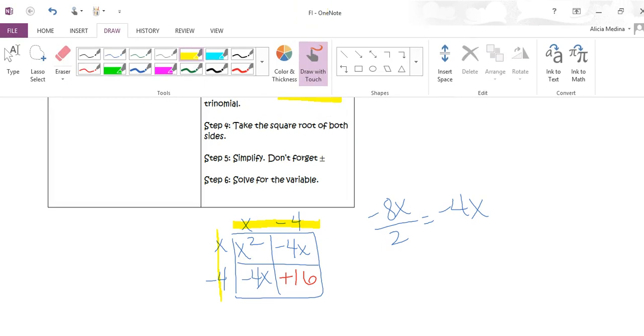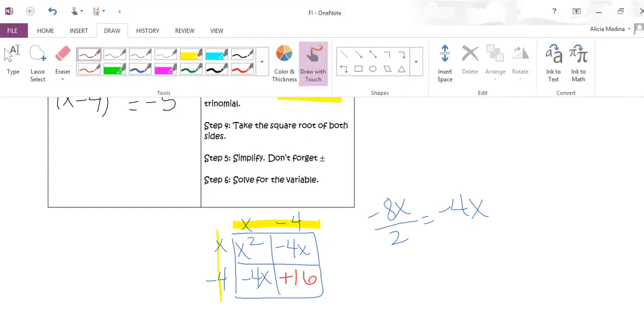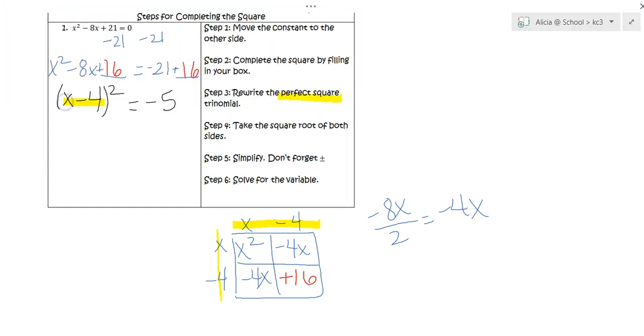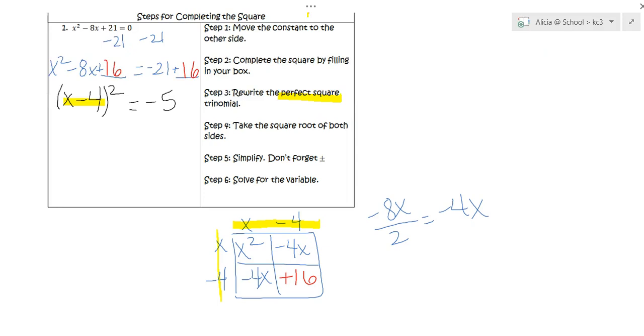So when I rewrite that, all I'm going to be doing is writing x minus 4, there were 2 of them, so I'm saying quantity squared, equals the right side, negative 21 plus 16 is going to be a negative 5. So again, that x minus 4 comes from whatever we had on the side of our Punnett square. All right, so now continue on with step 4.